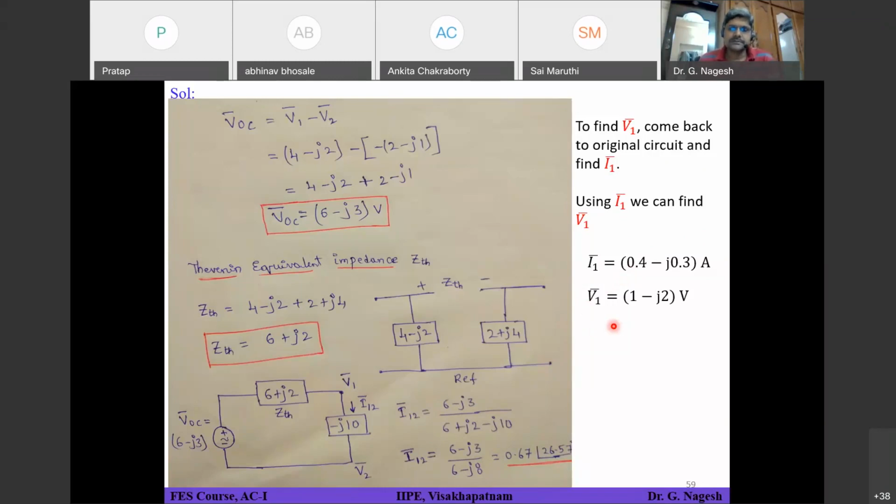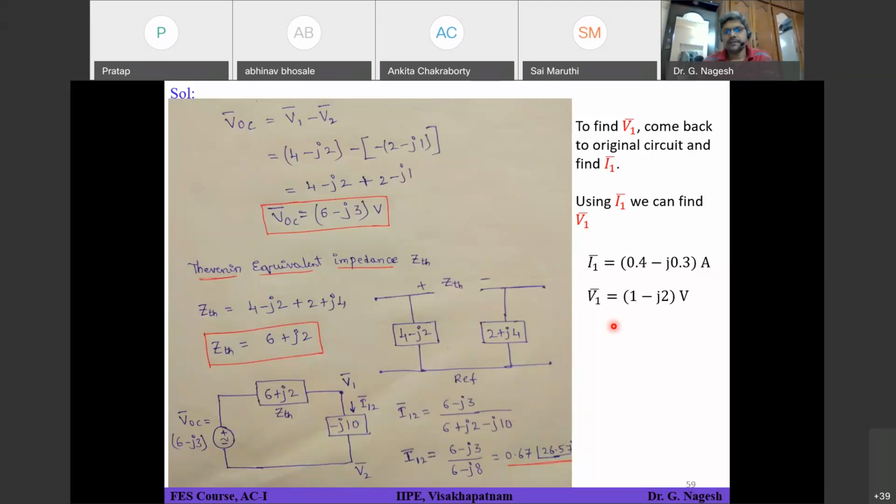Since we have considered the same problem, we have solved this using nodal analysis, using superposition theorem, and using Thevenin's theorem. In all three cases, if you cross-check, the voltage V1 will be the same, since it's the same circuit.